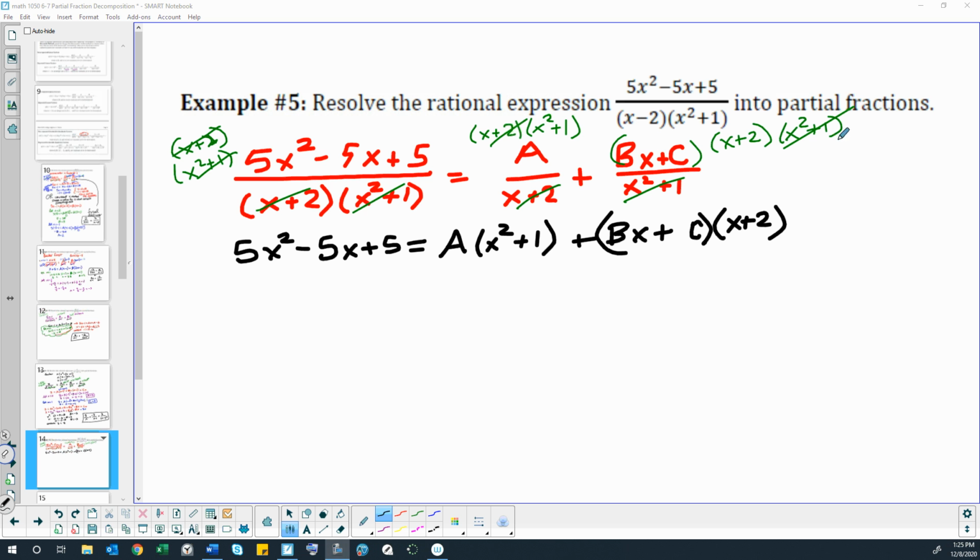Convenient x isn't going to work great on this one, because if we, for example, let x equal -2, we can at least find A, I guess. That might be worthwhile.